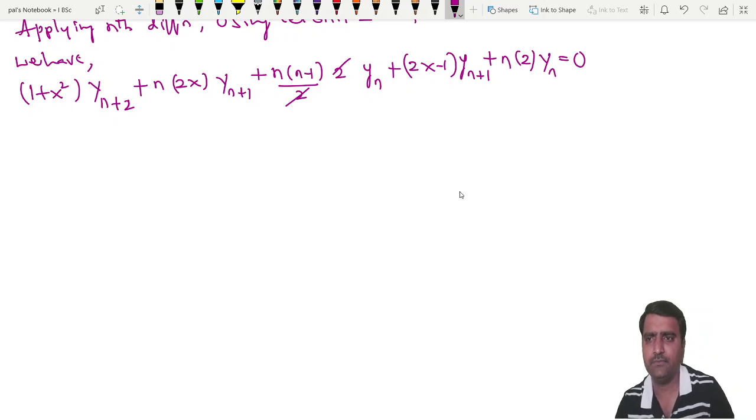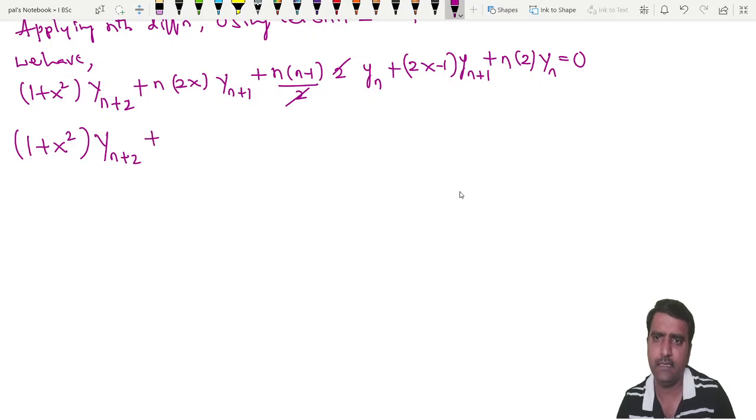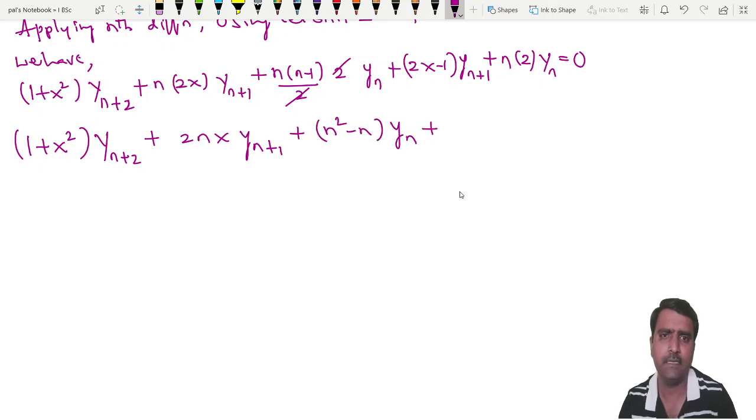So now this is 1 plus x square, so write the next step: 1 plus x square into yn plus 2, plus 2nx into yn plus 1, plus, if you multiply this, n square minus n into yn, plus this 2x minus 1 into yn plus 1, plus 2n yn is equal to 0.